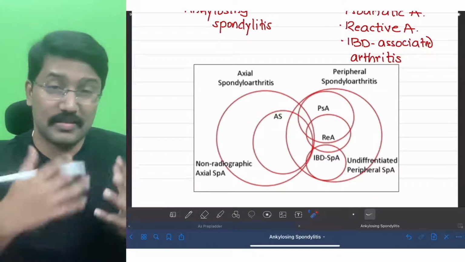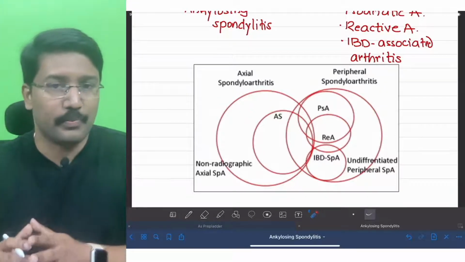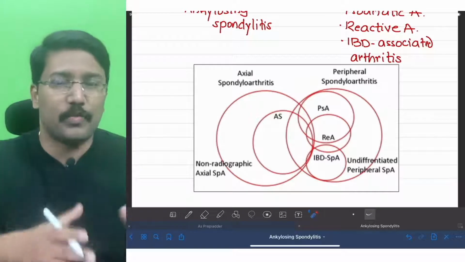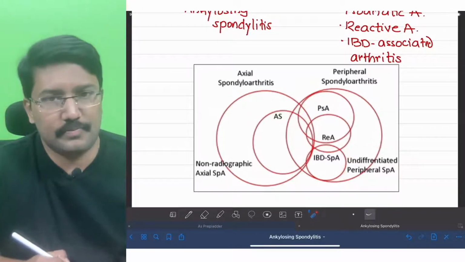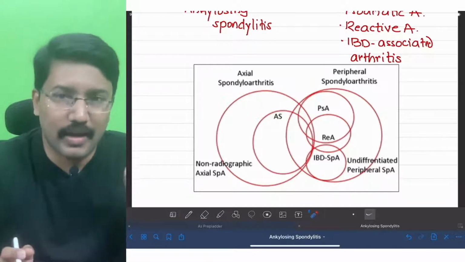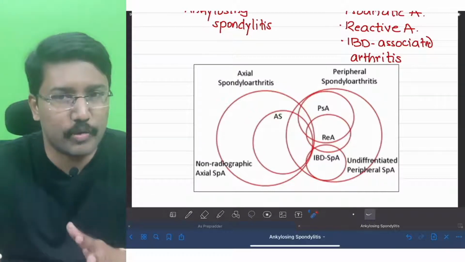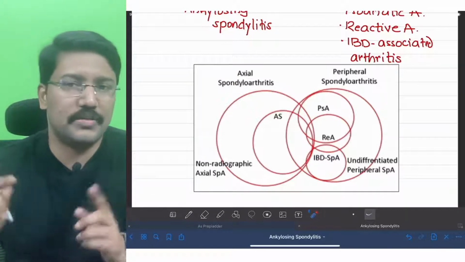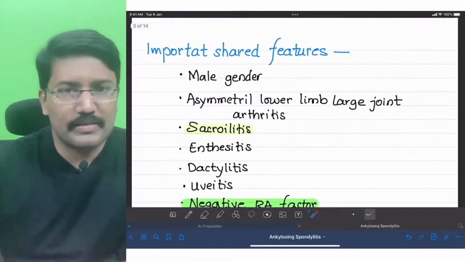You cannot say that this is definitely psoriatic, or reactive, or IBD related, but it meets the basic criteria for peripheral spondyloarthritis, so we call them undifferentiated. So there are basically two groups, axial and peripheral, and two relatively newer groups introduced: non-radiographic axial spondyloarthritis and undifferentiated peripheral spondyloarthritis.